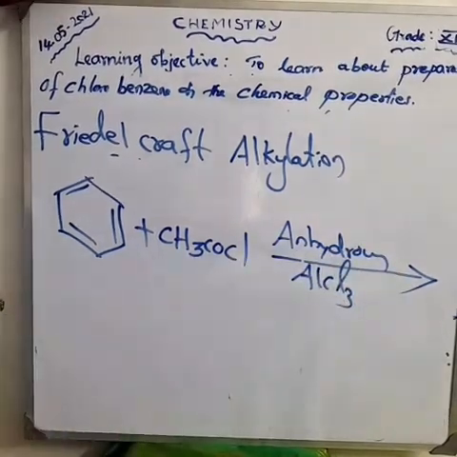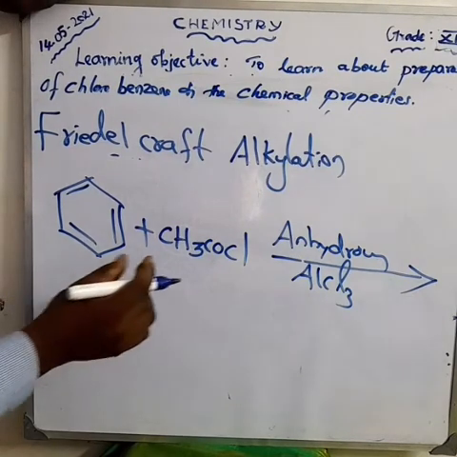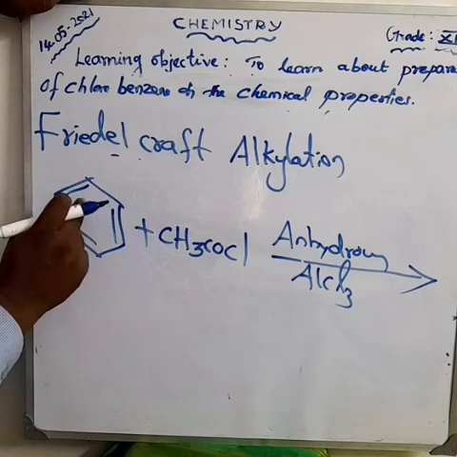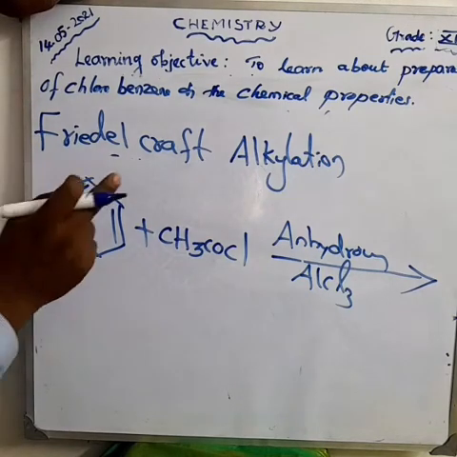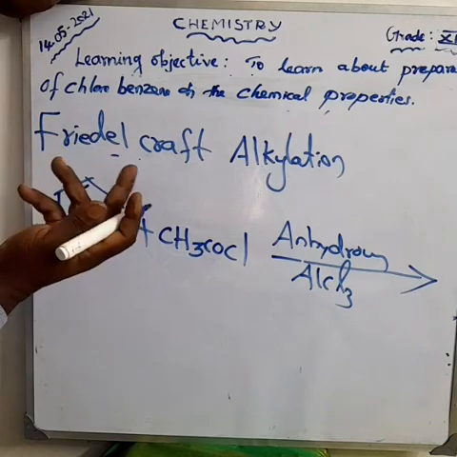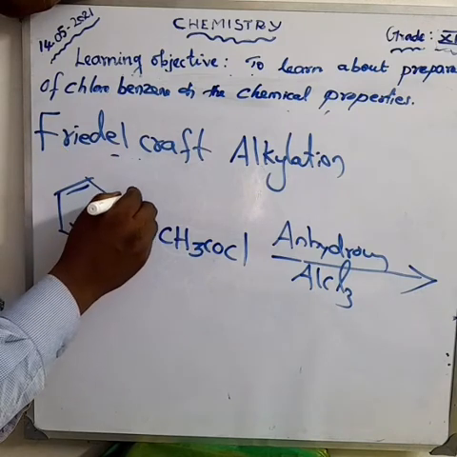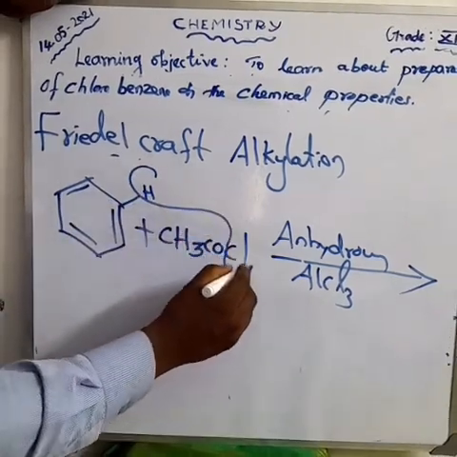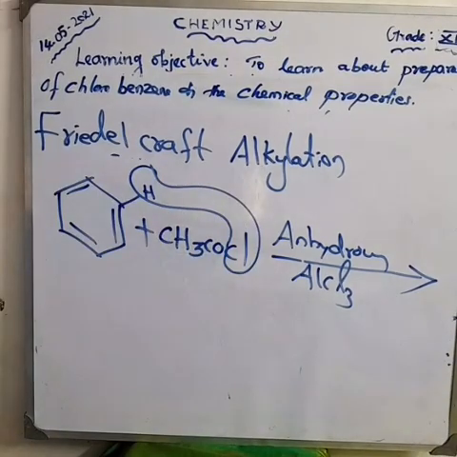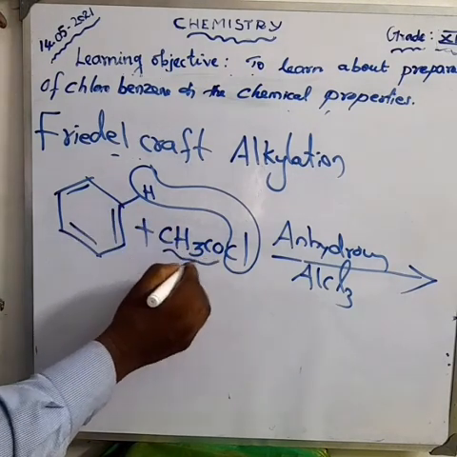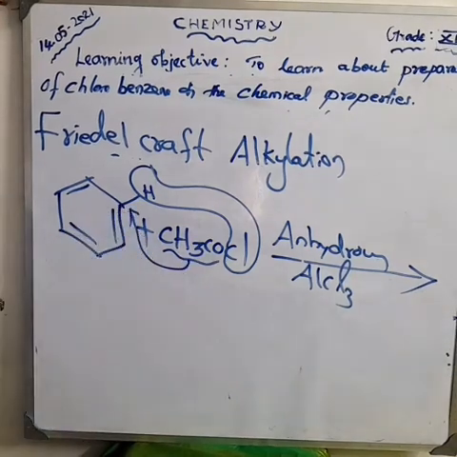Here the acetyl group, CH3CO, needs to be attached to the benzene ring. So one of the hydrogens must leave, and it combines with the chlorine. So what is our expected product? This CH3CO group is attached to the benzene ring.